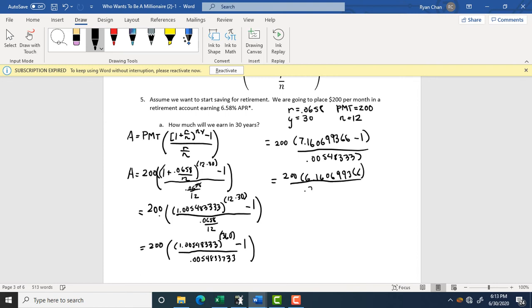Then I'll divide by, I'll do the 6.16 divided by the 0.0543.